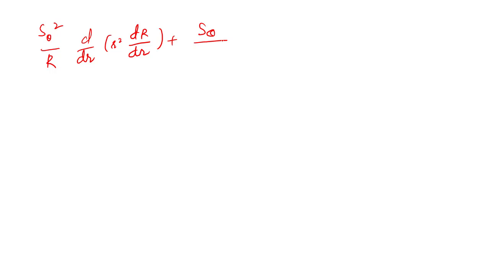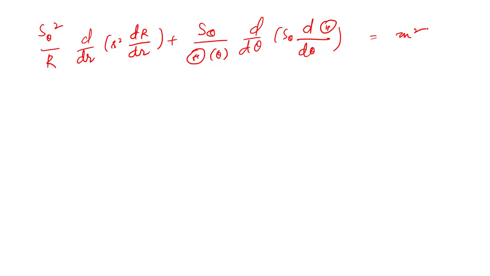So if I write the equation separately for r and theta, I would have sine squared theta, (r by dr) r squared dr by dr, plus sine theta, (d by d theta) sine theta d theta by d theta, is equal to m squared.